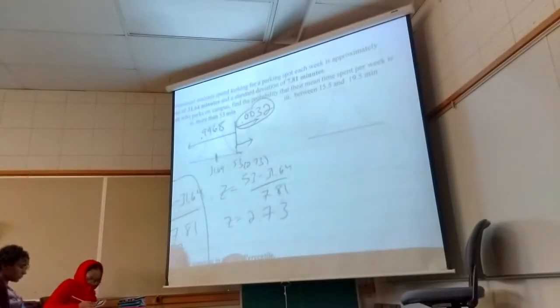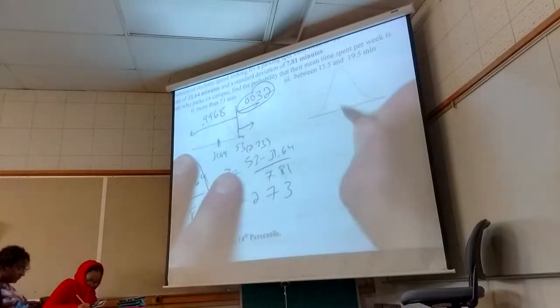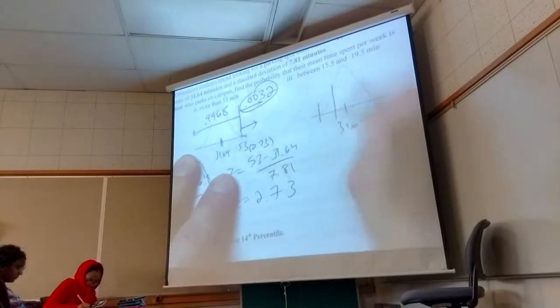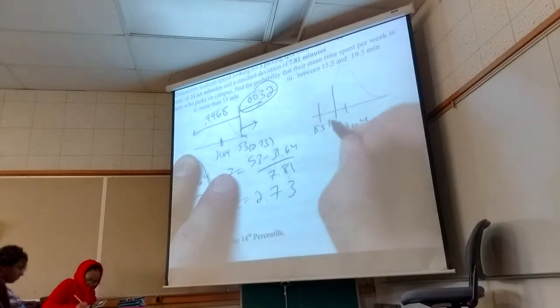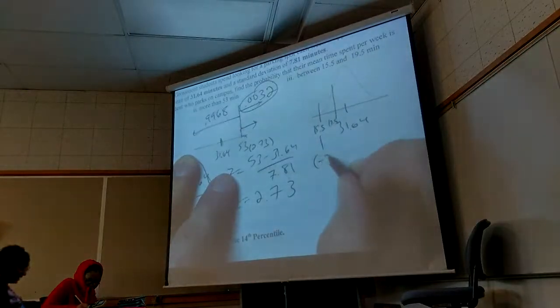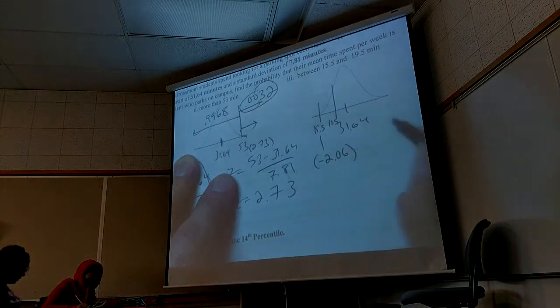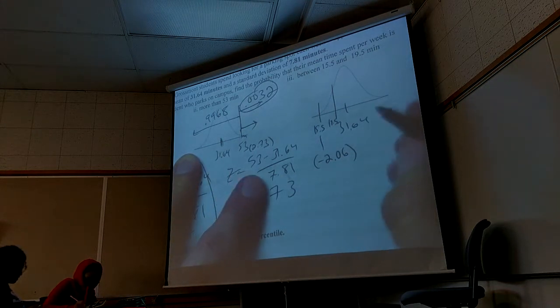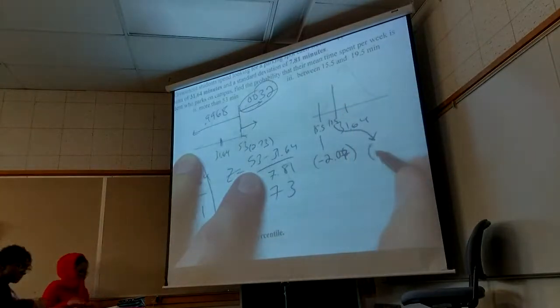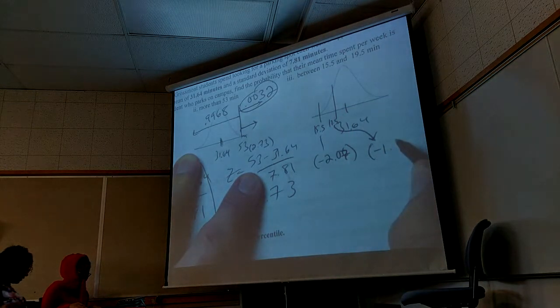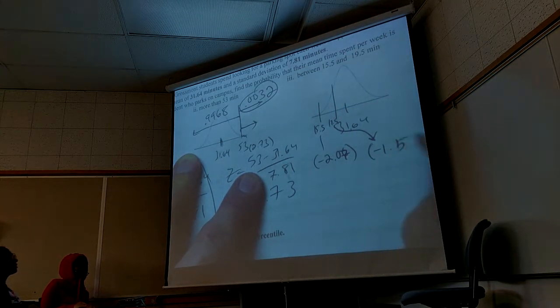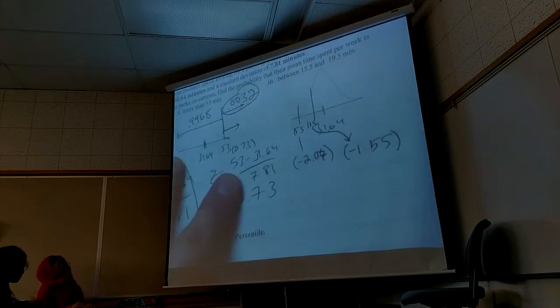All right. And this is the long answer, so maybe somebody can help me truncate this a bit. What's that z-score for 15.5? 2.06. What is it? 2.06. 2.07? And what about for 19.5? 1.55? And then you look up the areas for those.